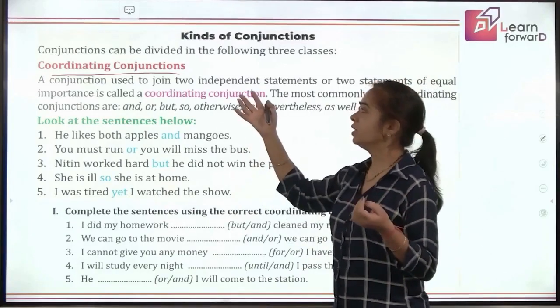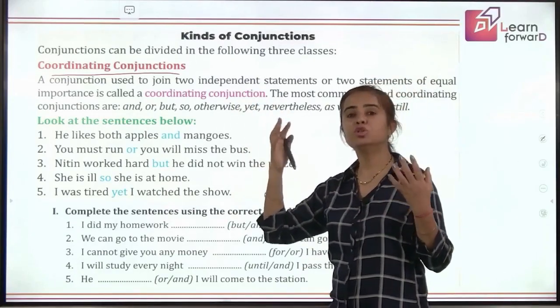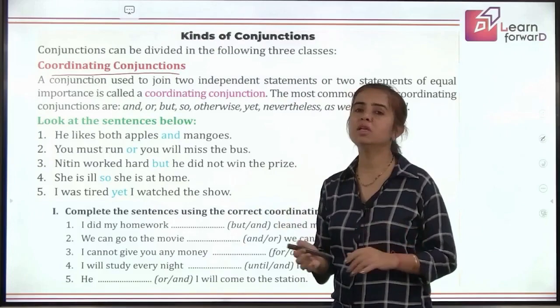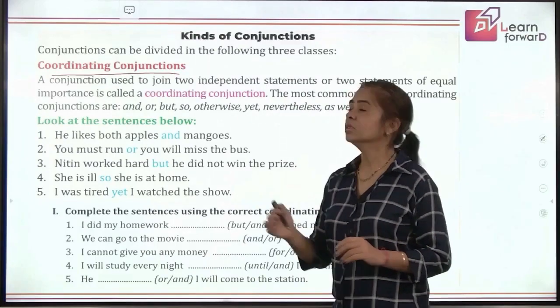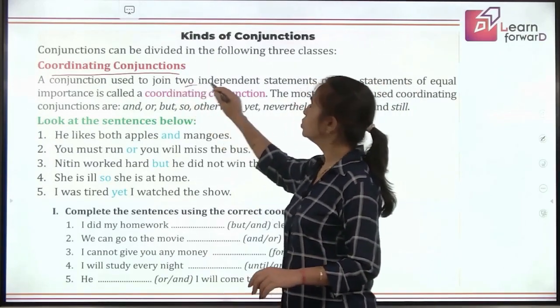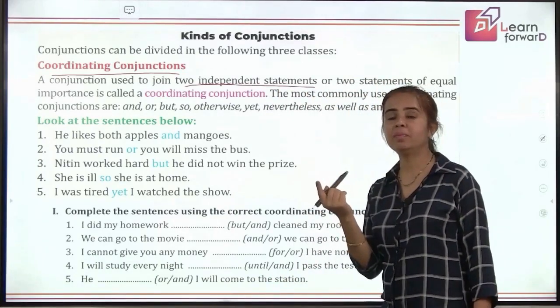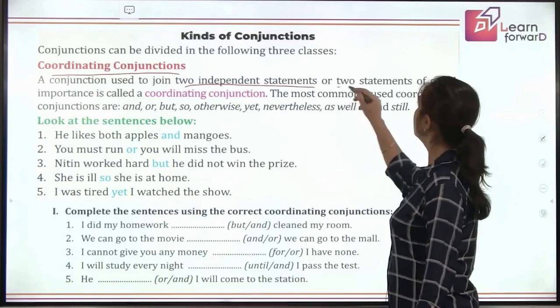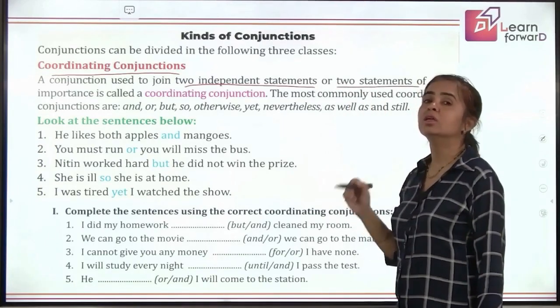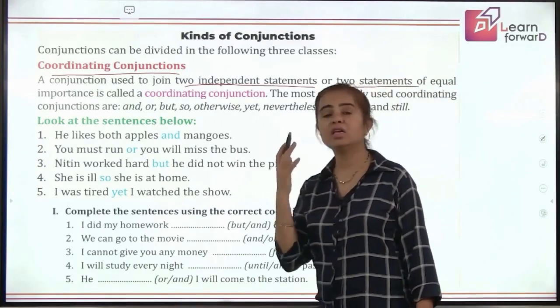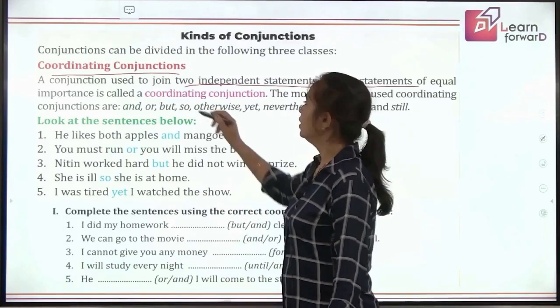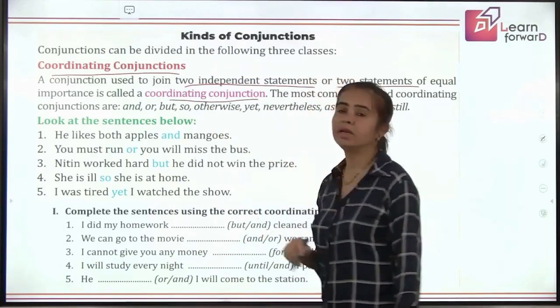So coordinating conjunctions are the conjunctions which join two sentences which are equally important, right? So we have a conjunction used to join two independent statements. We have learnt about independent and dependent clauses. So when we join two independent statements, two independent clauses that are equally important, that conjunction is called a coordinating conjunction.